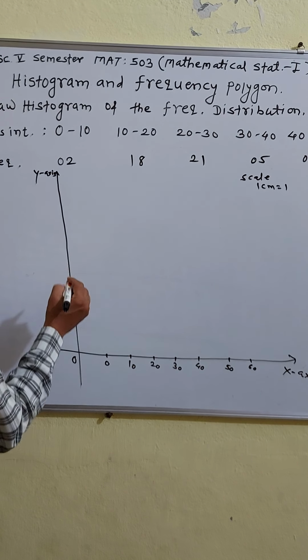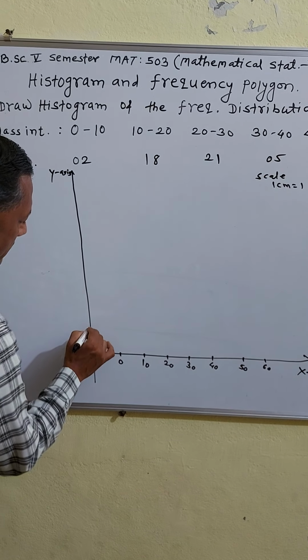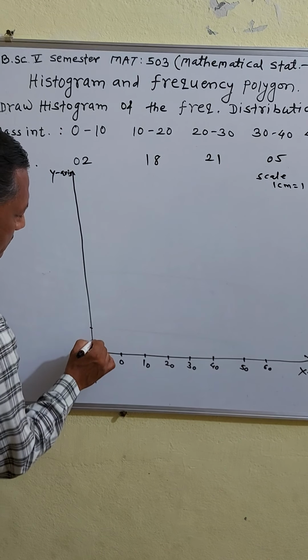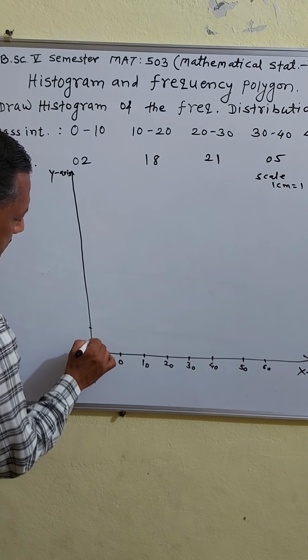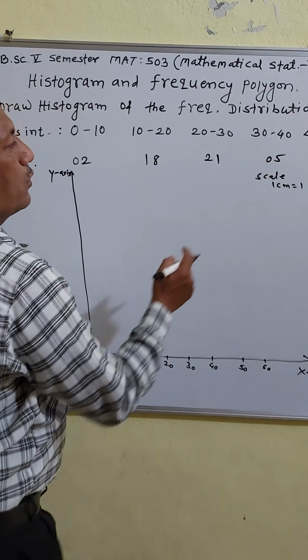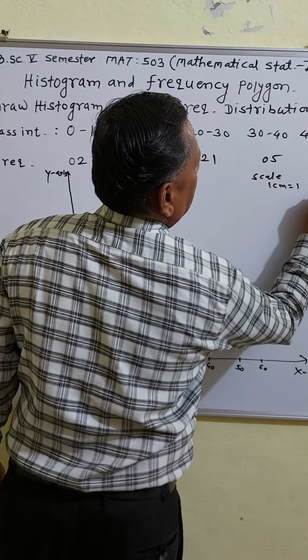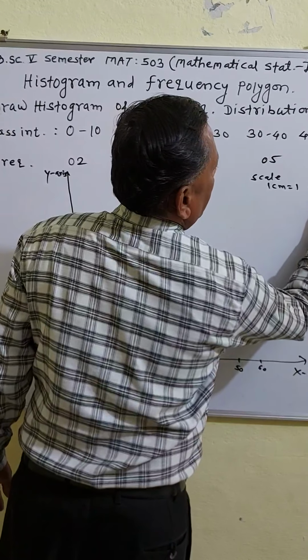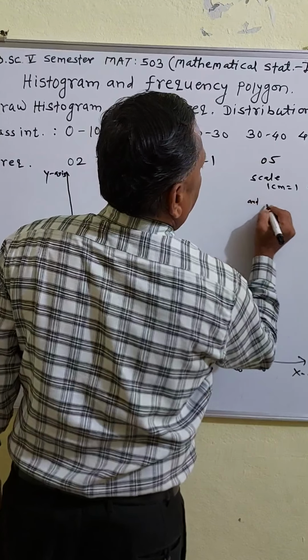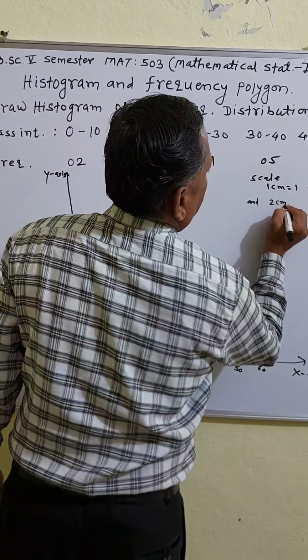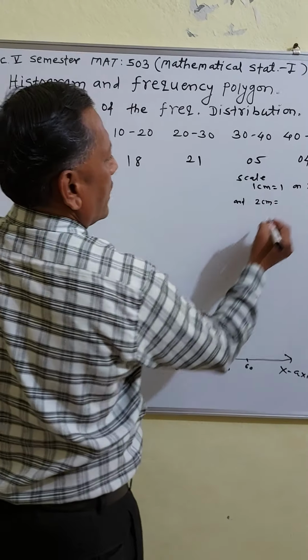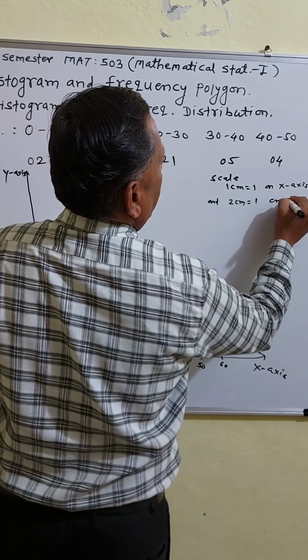And for the corresponding frequencies, you take suitable scales. You take the scale 1 centimeter is equal to 1 on the x-axis and 2 centimeter is equal to 1 on the y-axis.